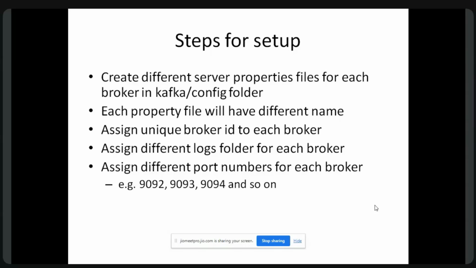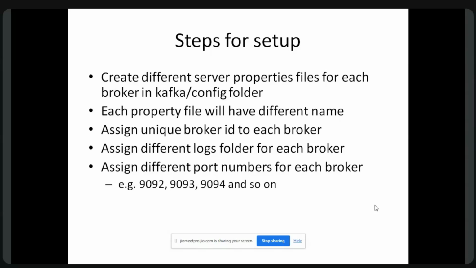Now, in case of multiple brokers, definitely one port cannot be used by the second broker because that is already occupied. So you have to give a different port number. Similarly, for the third broker, you have to give a different port number. So that's not a big deal.